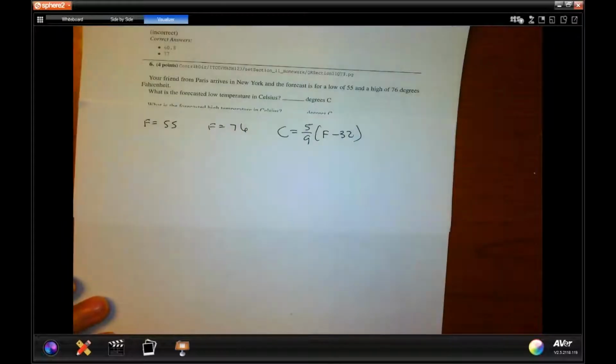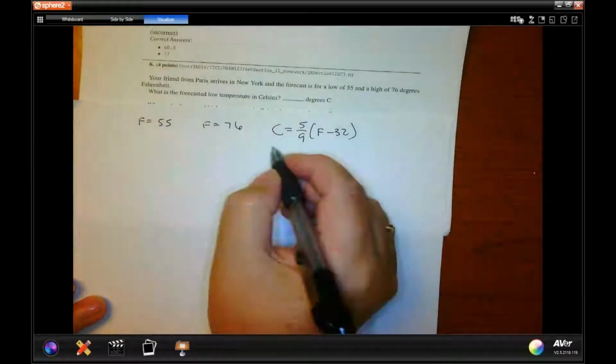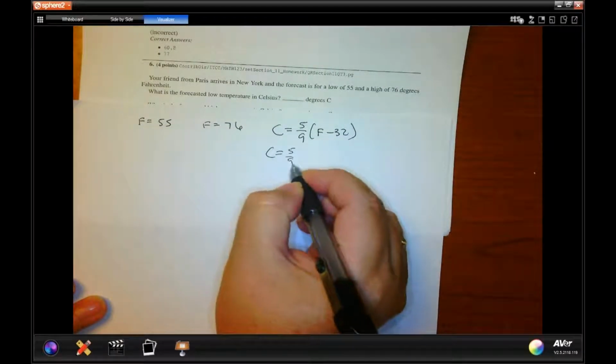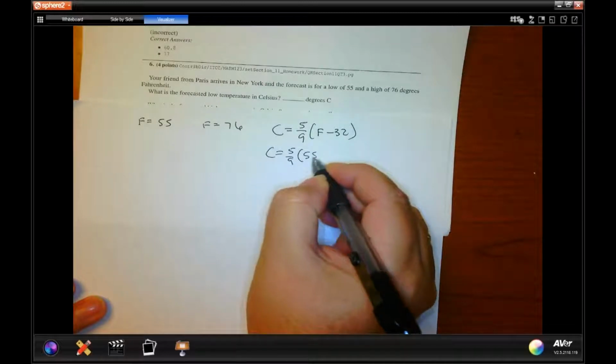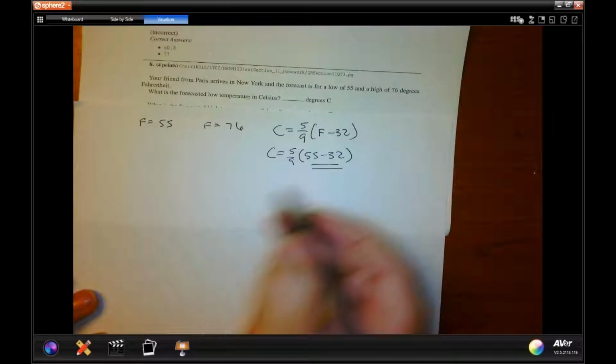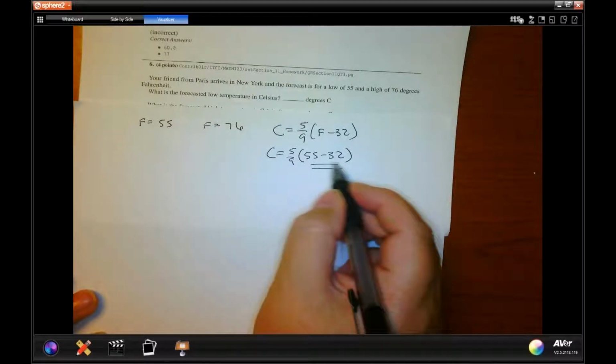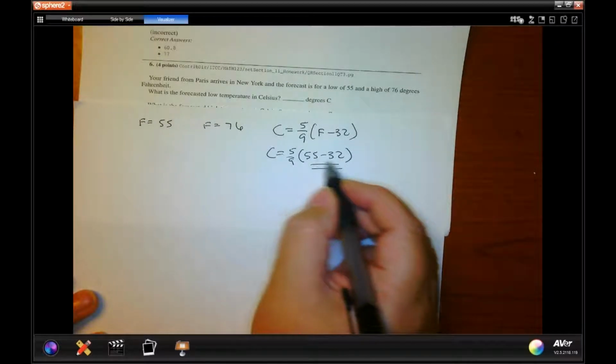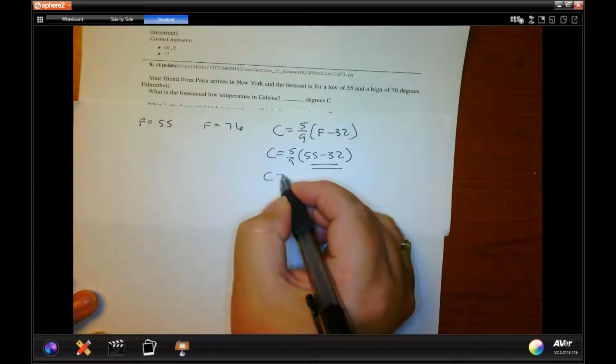Okay, these should be your easiest problems on the next test. All we need to do is plug it in and then follow the order of operation. On this formula, you have to do parentheses. The other one, you can't do the addition first. It's not in parentheses.